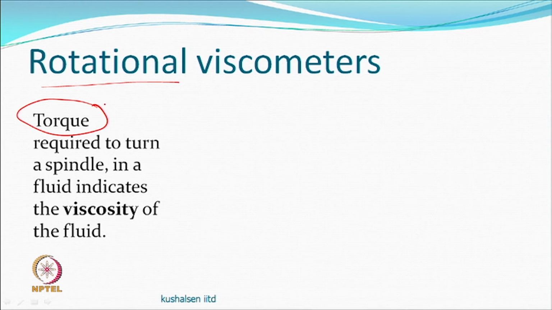The torque, and finally the energy required to rotate a spindle in the viscous material, can be used to determine viscosity.